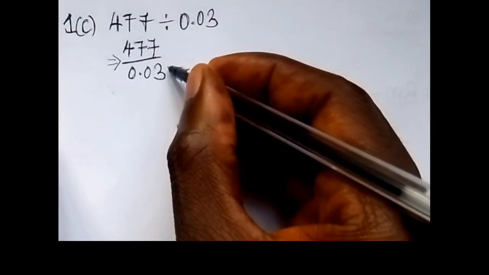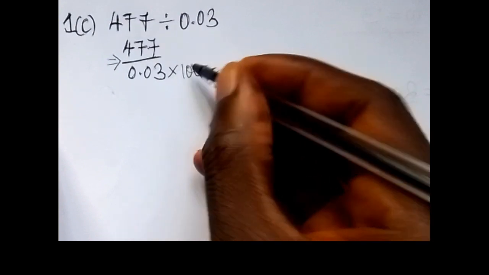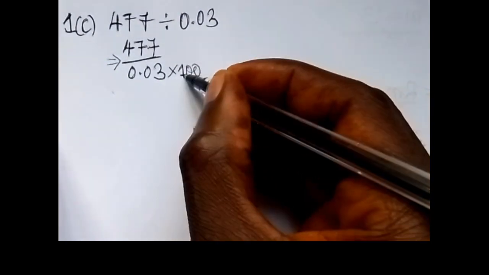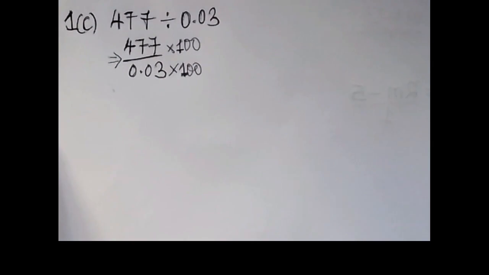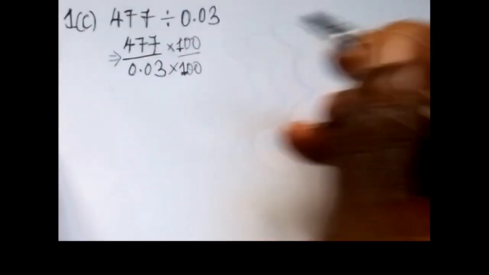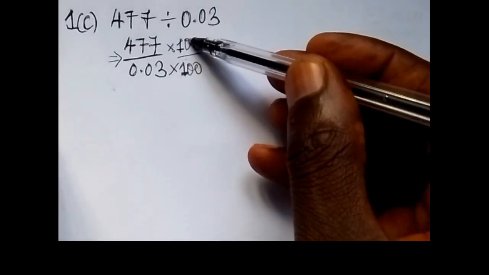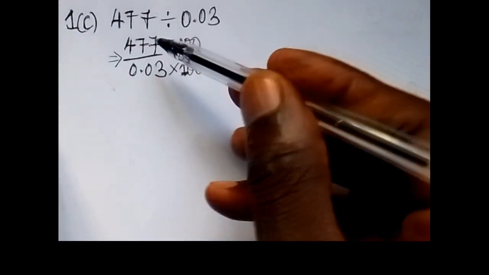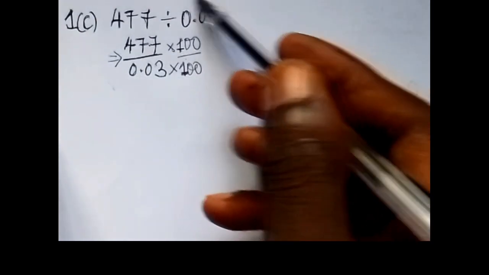So we're going to balance it up by introducing the 100 on 0.03, and also 100 on 477. So what this means is we have just introduced 1, because 100 over 100 is 1, and 1 times 477 over 0.03 just gives us whatever we've been given in the question. So we haven't changed the question.